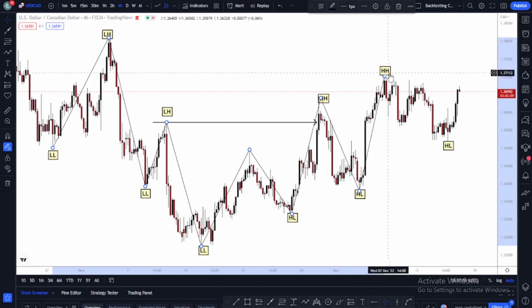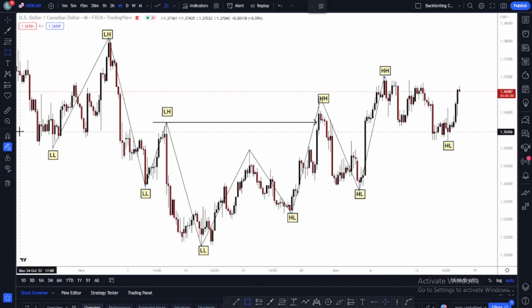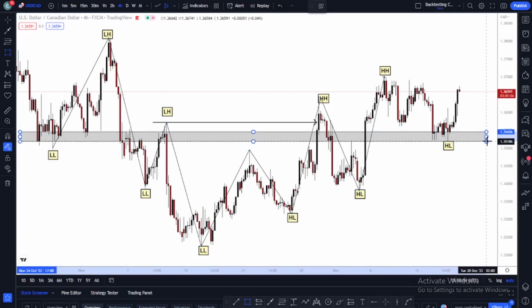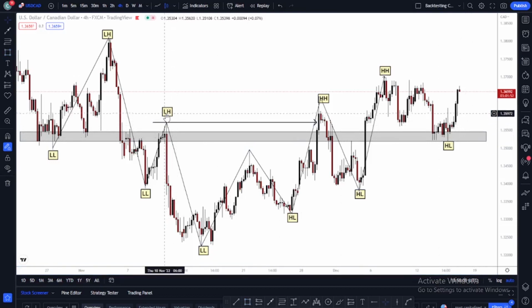Alright, so after price created this higher high, what was I expecting? All I was expecting was price to come back and retest its last lower high, which was a resistance, as a support.